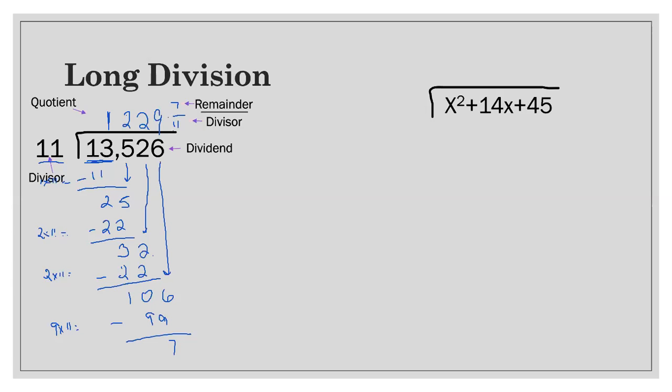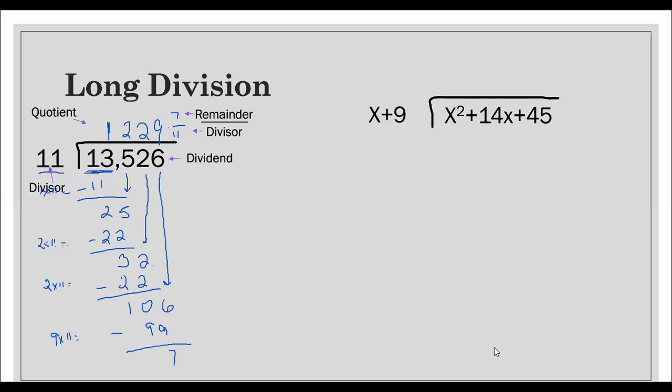Okay, so let's take a look at an example with a polynomial. So we have x squared plus 14x plus 45 divided by x plus 9. So when we look at this, again, we're just going to look at the first term. So we're looking at this x and this x squared. Just like here we looked at the 11 and the 13, we're just looking at that first term. And we want to say, what do we have to multiply x by to get to x squared? Well, that's just x.